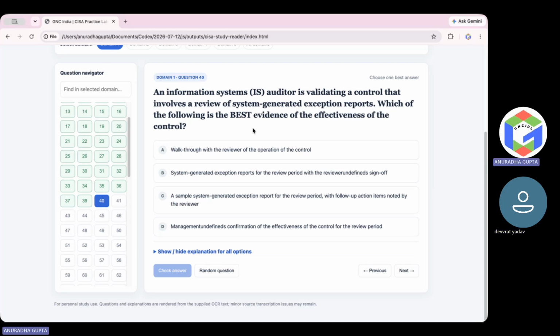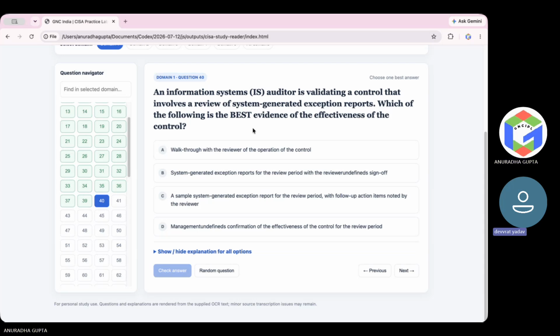Okay, so the question is: an IS auditor is validating a control that involves a review of a system generated exception report. Which of the following is the best evidence for the effectiveness of the control? One option is to perform a walkthrough with the reviewer of the operation of the control. Next is a system generated exception report for the review period with the review sign off.